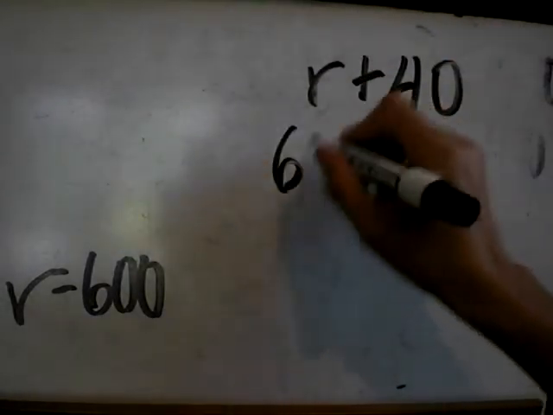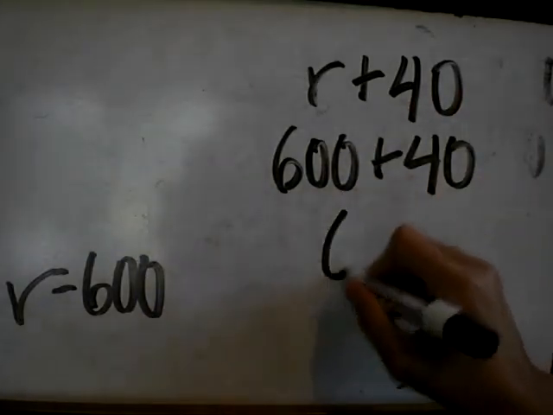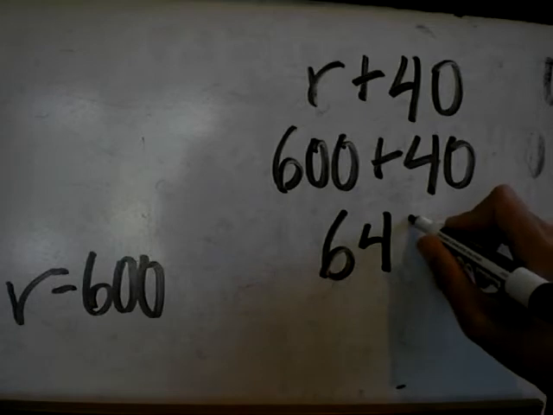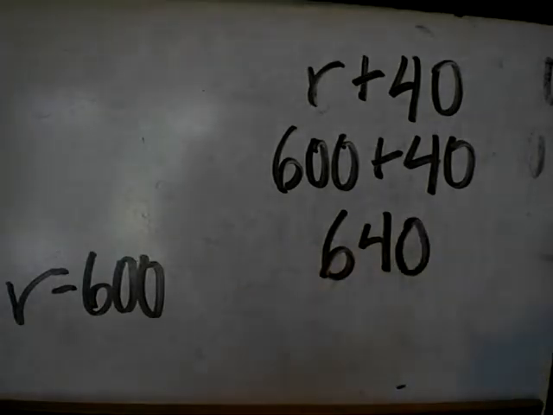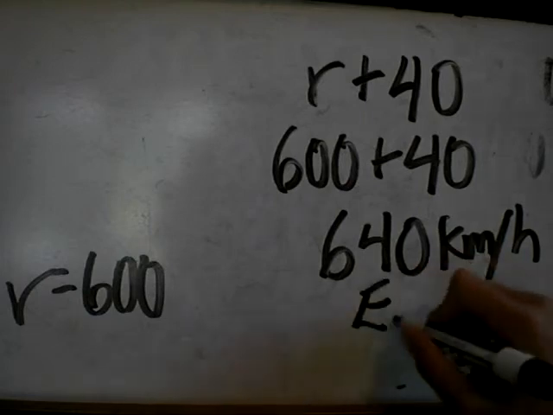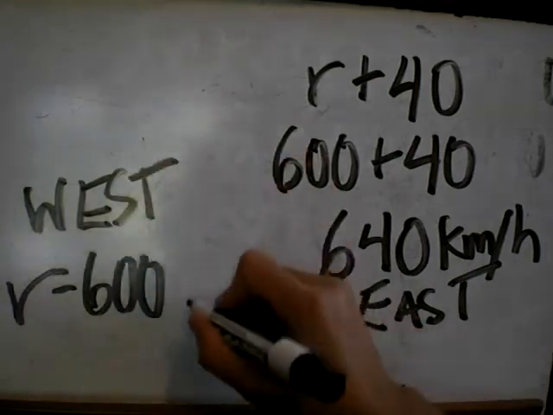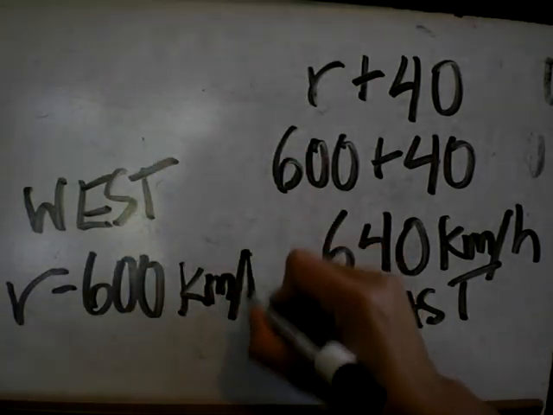So we know that it's r plus 40. If we plug that in, it'll be 600 plus 40. So the plane that was going east was going at a rate of 640 kilometers per hour. This is the one that was going east, and this is the one going west, 600 kilometers an hour.